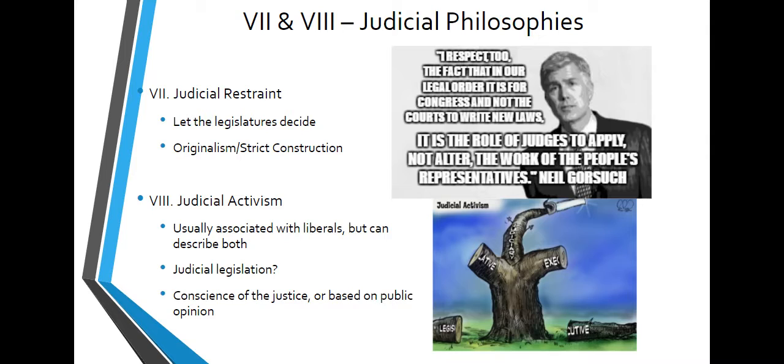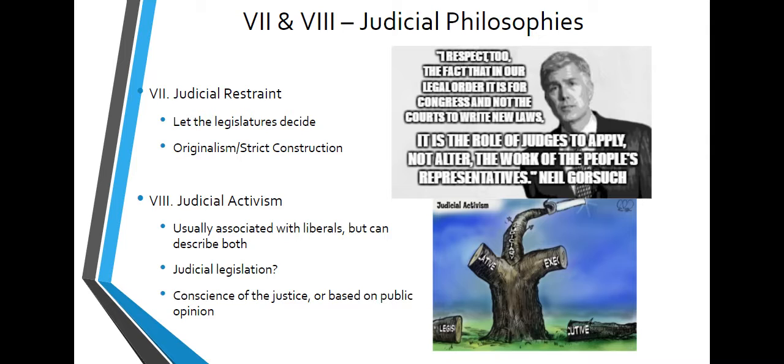Typically, those who follow judicial restraint will say that they want to defer to the legislatures, let legislatures decide. They also view the Constitution through the lens of what's called originalism, that the Constitution should be viewed as the intent of the people who wrote the original document, that it should not be applied to new circumstances.